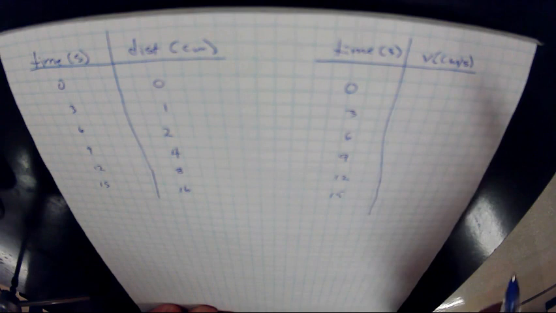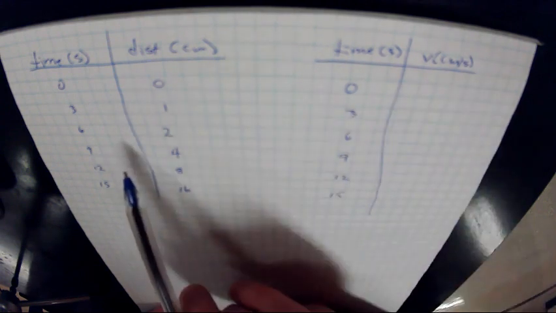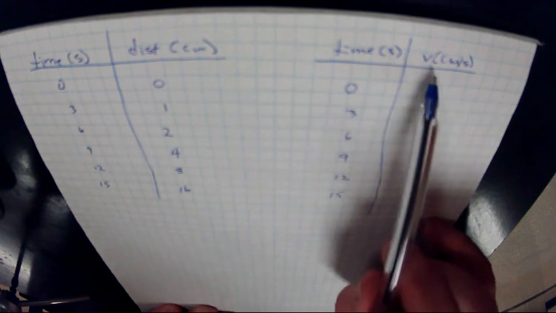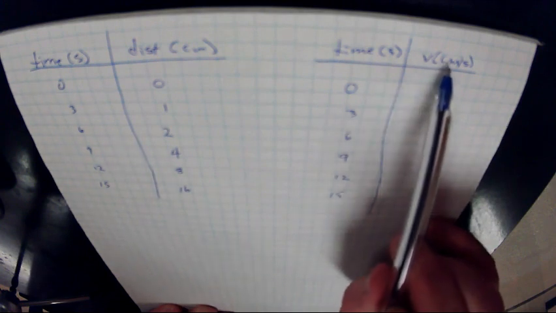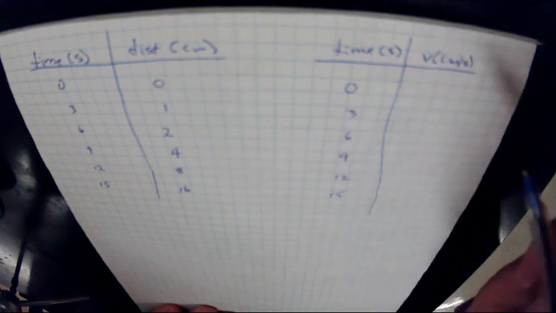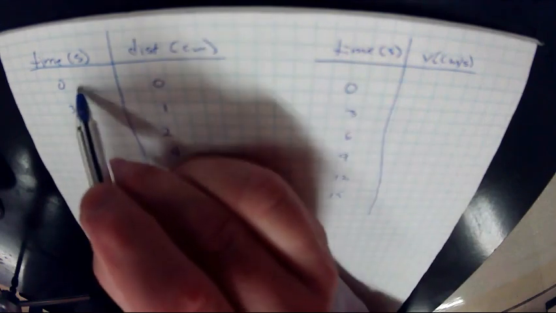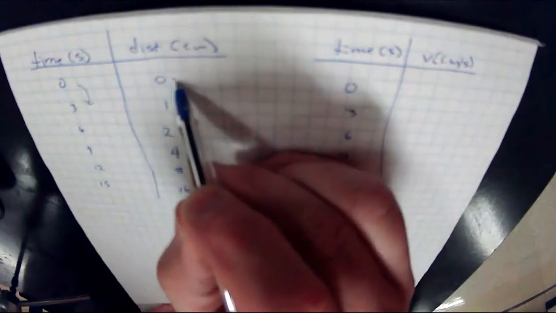Now, once again, we knew that the slope of the first data table would give us our speed or velocity, and the units of that would be centimeters per second. Okay? So what we're going to do is look at what happened in this time interval right here.